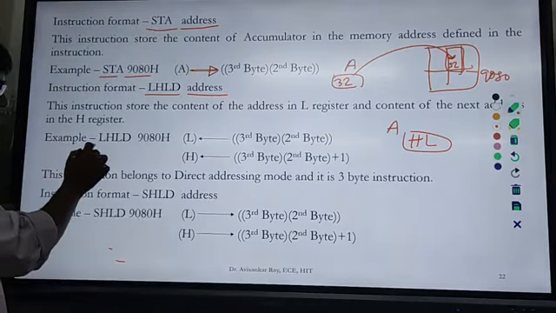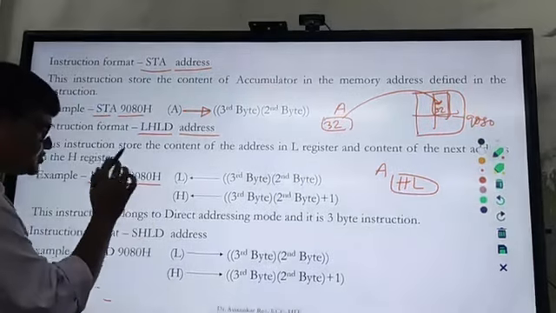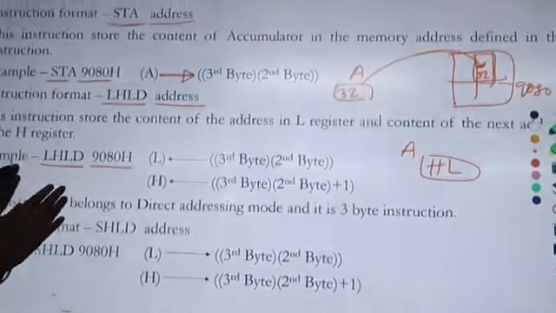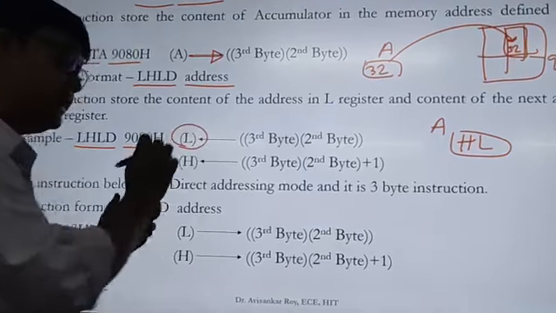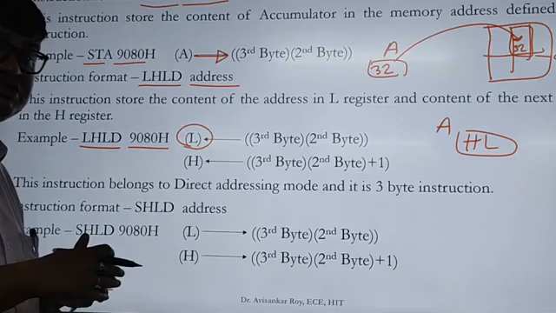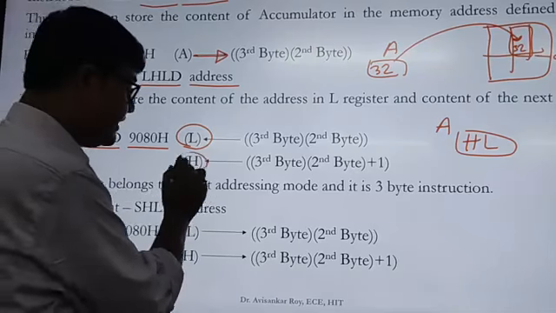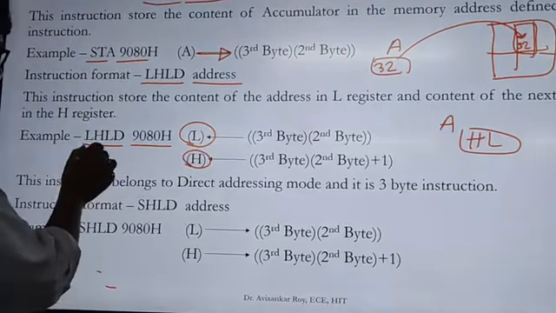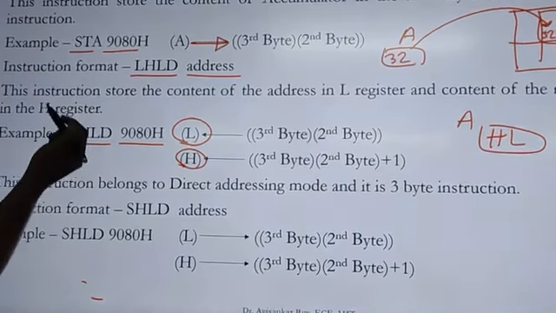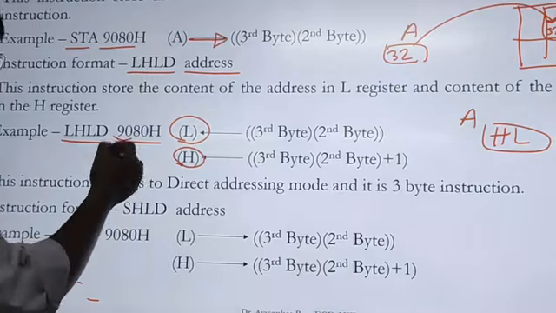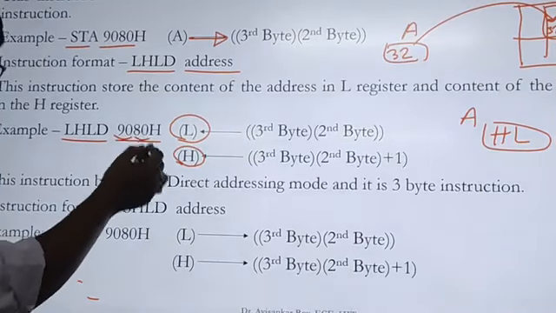Right now I am going to an example, that is LHLD 9080. The content stored in the 9080 memory location will transfer to the L register, and the content of the next memory location, that is 9081, will transfer to the H register. Definitely it is a 3-byte instruction, and 90 is the third byte, 80 is the second byte.